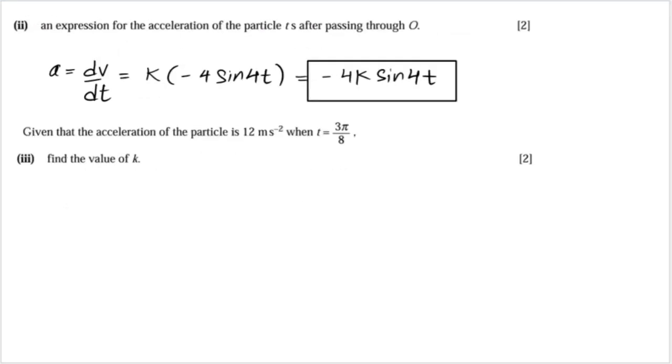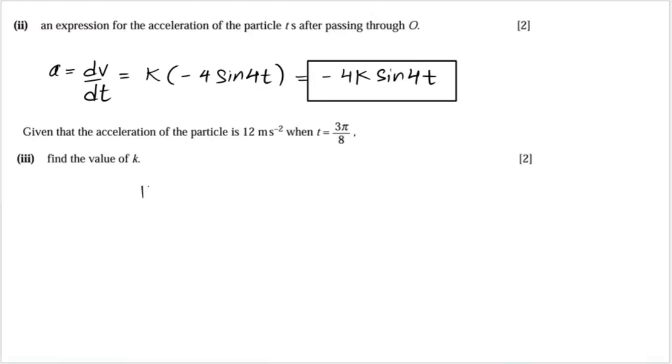Given that the acceleration of the particle is 12 when t equals 3 pi over 8, part 3: find the value of k. So we know that the acceleration is 12 when t equals 3 pi over 8, so we will just substitute the values into the previous part.